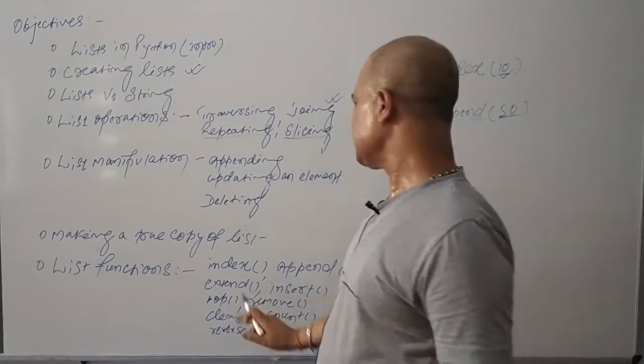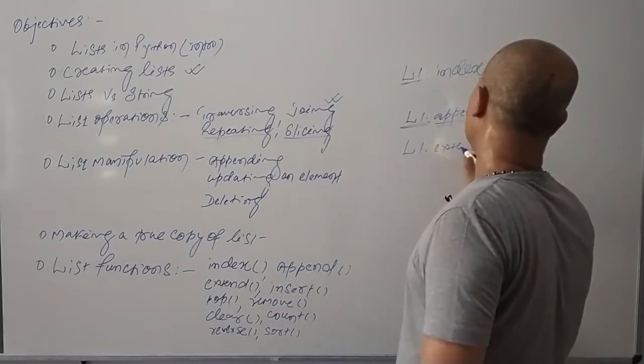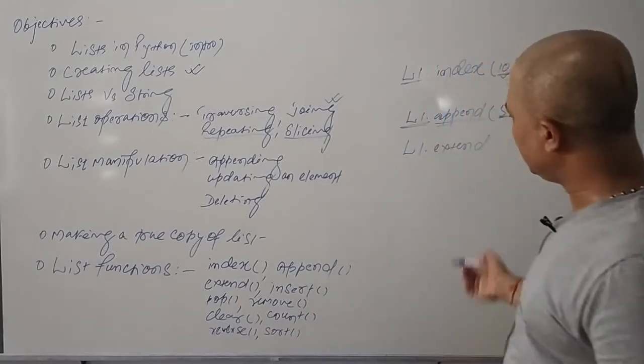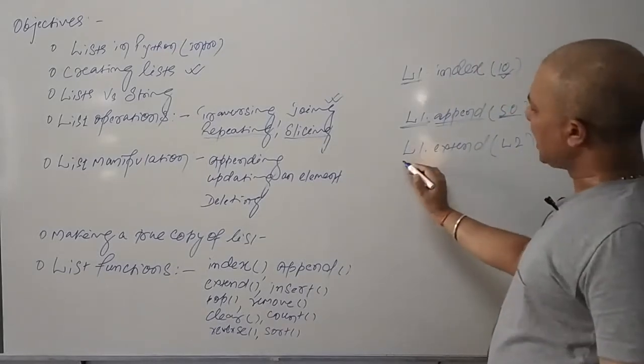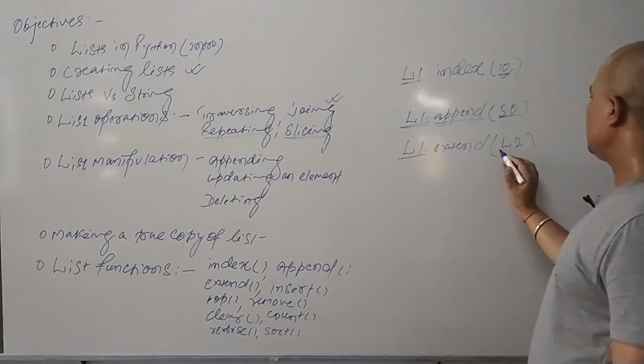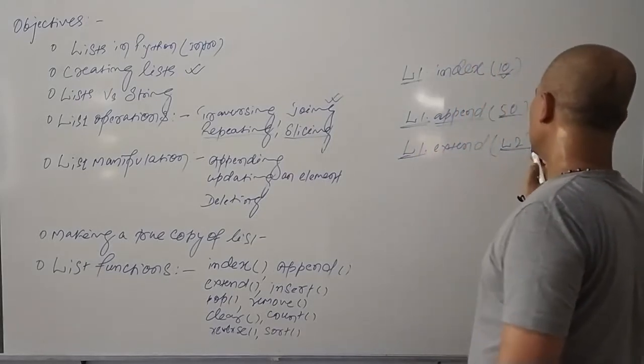And then we have extend, as I mentioned, L1 dot extend. It will extend a list with some other list, and you say L2. It means after the elements of L1, the L2 elements will be added. So now L1 will be L1 plus L2.